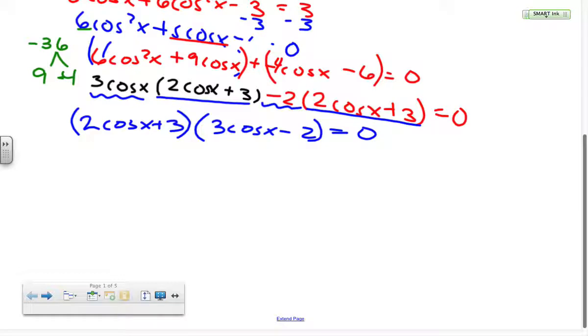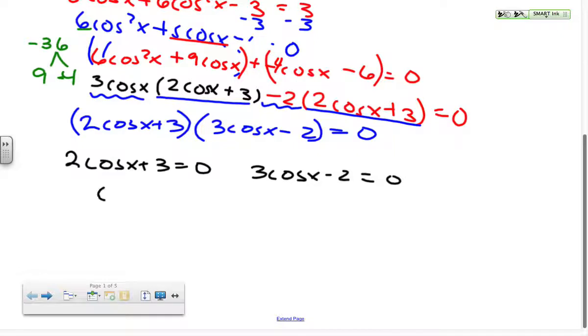So we solve 2 cosine x plus 3 equals 0 and 3 cosine x minus 2 equals 0. I end up with cosine of x equals negative 3 over 2, and cosine of x equals 2 over 3.